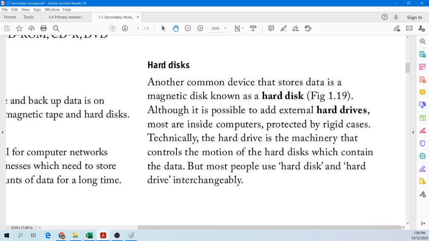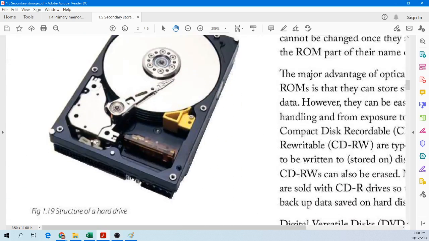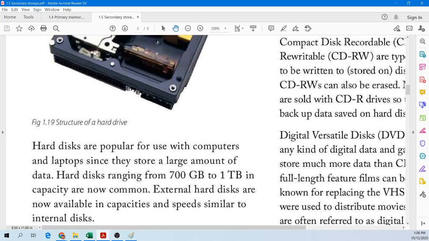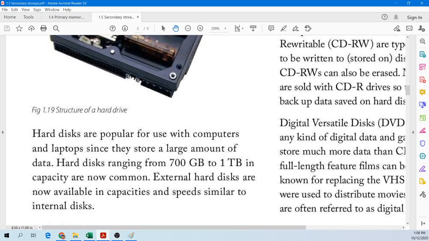But most people use hard disk and hard drive interchangeably. Hard disks are more popular for use with computers and laptops since they store a large amount of data. Hard disks ranging from 700 gigabytes to 1 terabyte in capacity are now common. External hard disks are now available in capacities and speeds similar to internal disks.